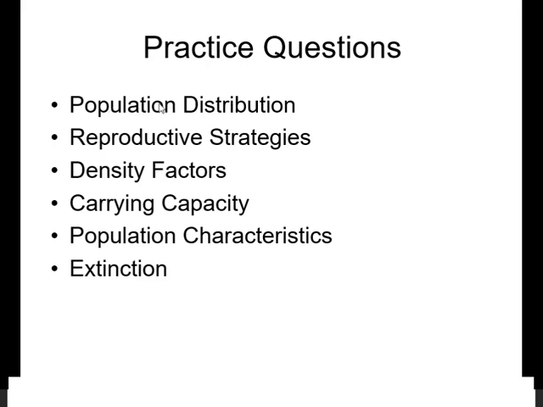So that's that question. Reproductive strategies: it's going to ask you what causes the population to increase or decrease in its growth rate. It's going to generally refer to how many offspring they have, when the reproductive cycle is, and what the chances of survival are.